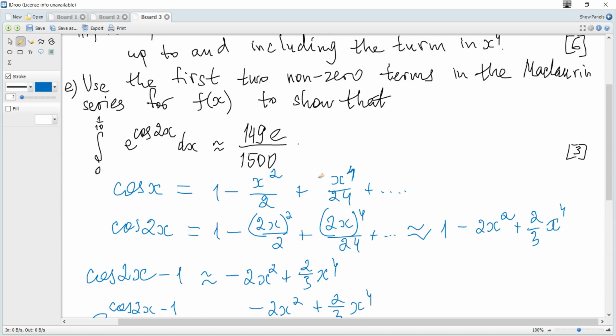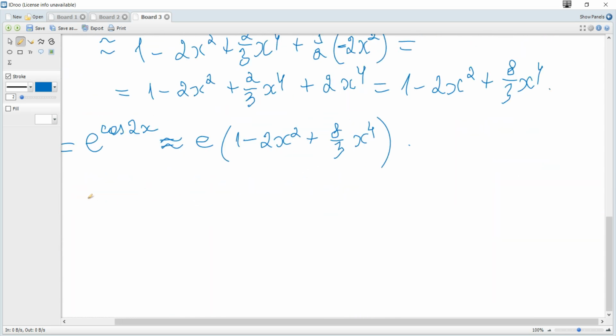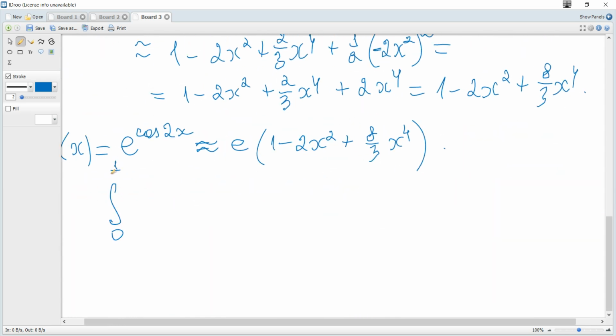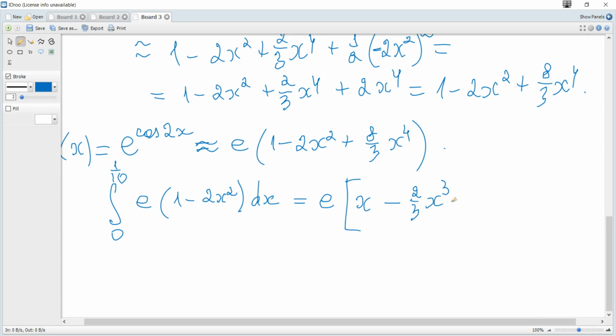So this integral becomes the integral from 0 to 1 over 10 of e to the power of cosine, so it becomes e times 1 minus 2x squared dx, and it's a constant, so it becomes e, and you can see that we can easily integrate it, and it becomes x minus 2 thirds x cubed.